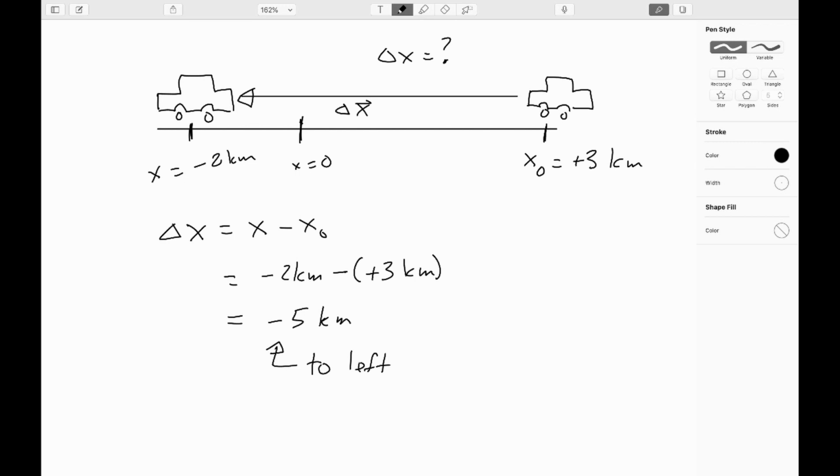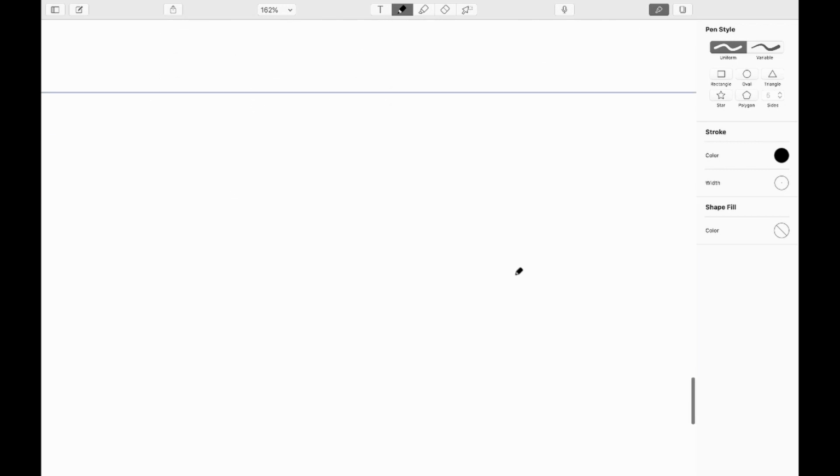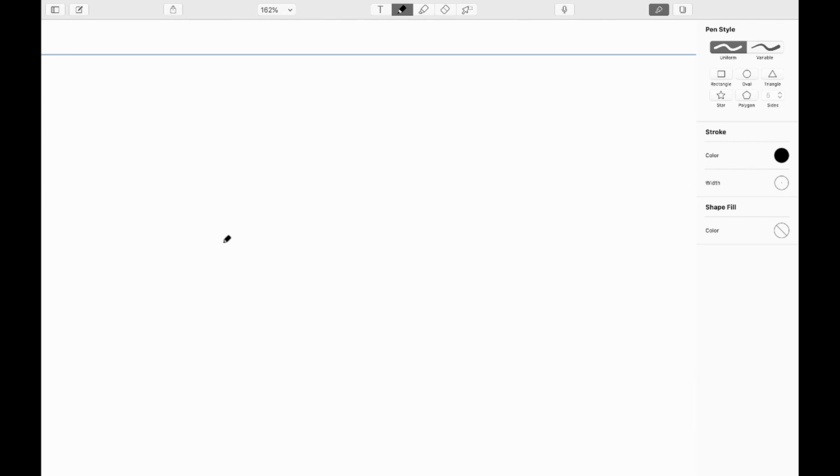Now, there's an important warning here. Displacement is not the same thing as distance traveled. For instance, let's look at this case here. Let's just say we've got a hockey puck or something that's going to the right. We'll just put it initially here at x equals 0 and over here at x equals 1 meter. Again, this would be x naught equals 0 meters.